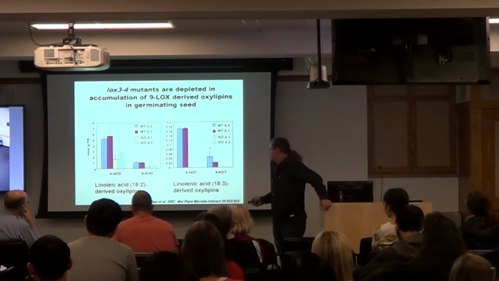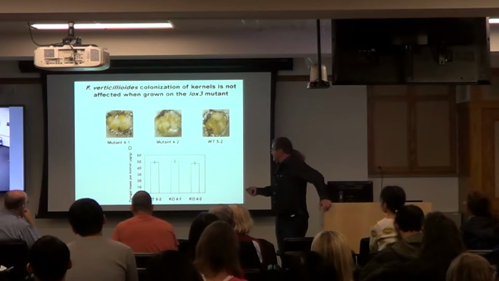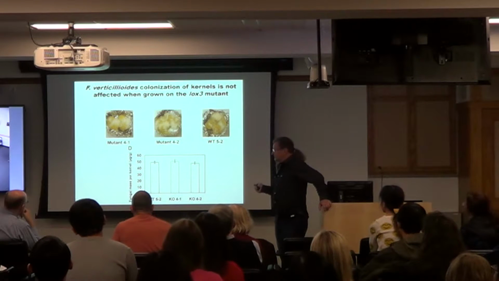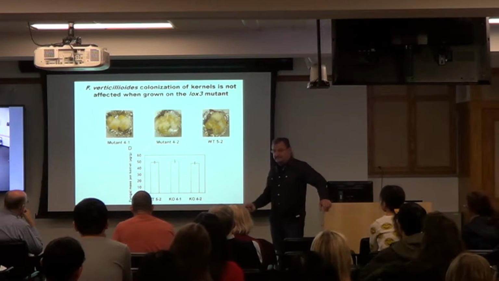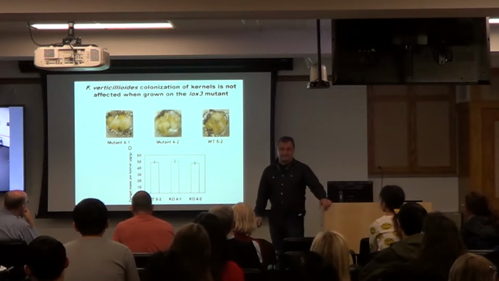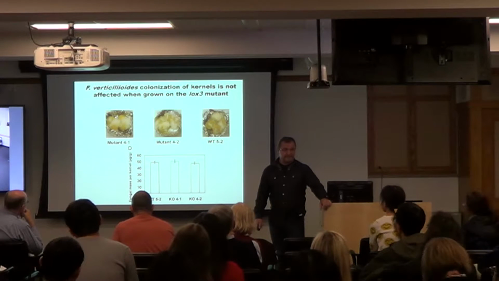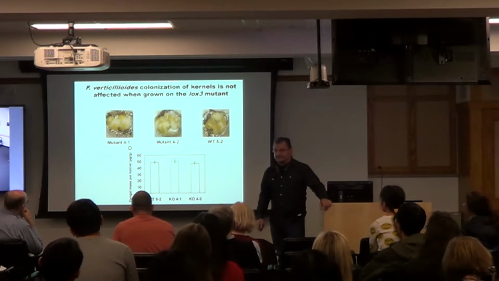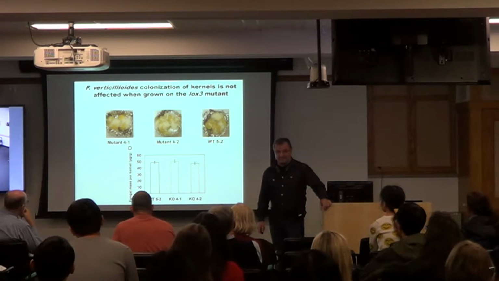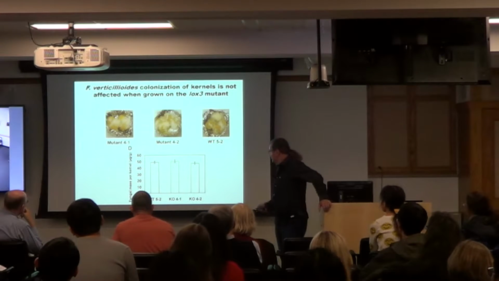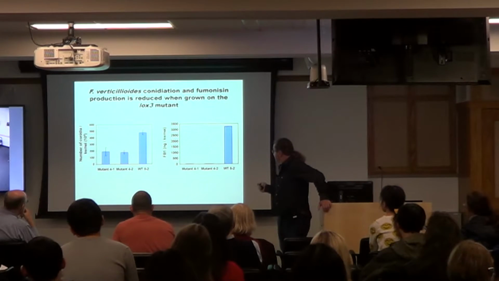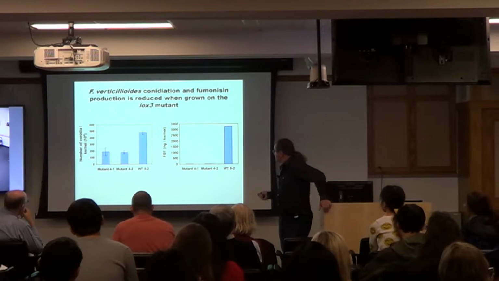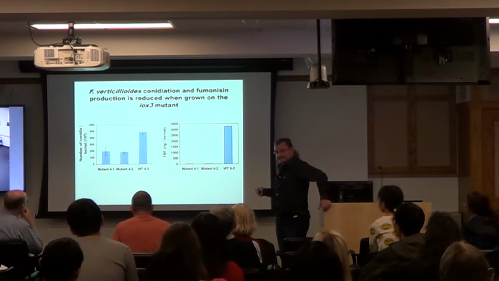It's a 9-lipoxygenase. When we tested how the fungi grow on the seed, Fusarium, we found no difference whatsoever. So fungi don't care, in terms of vegetative growth, about the presence of the LOX3 gene in the host. But a big surprise came when we measured fumonisin B1 synthesis.